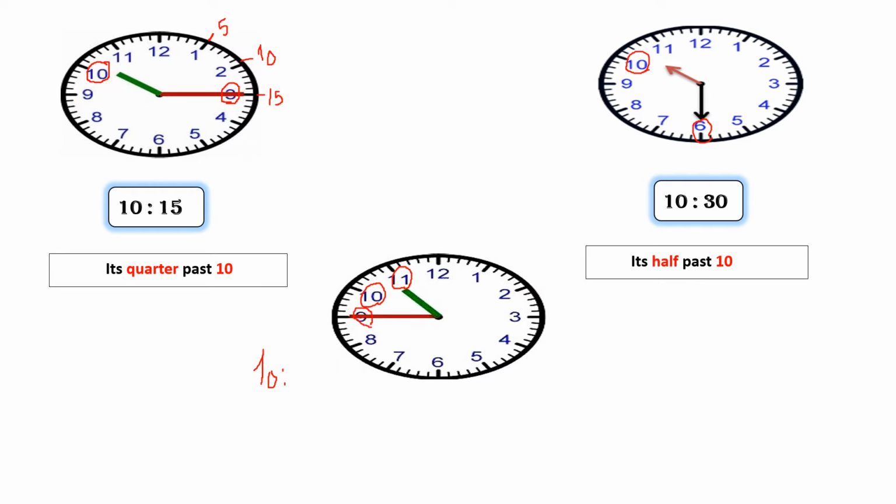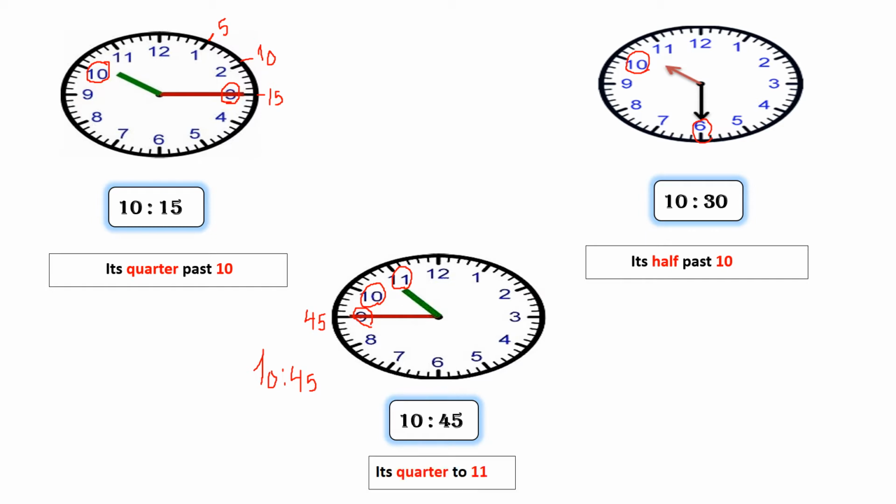If you skip count by 5, when the long hand is at 9 it is 45 minutes. So it is 10 and 45 minutes. If you want to say it in analog, it is a quarter to 11.